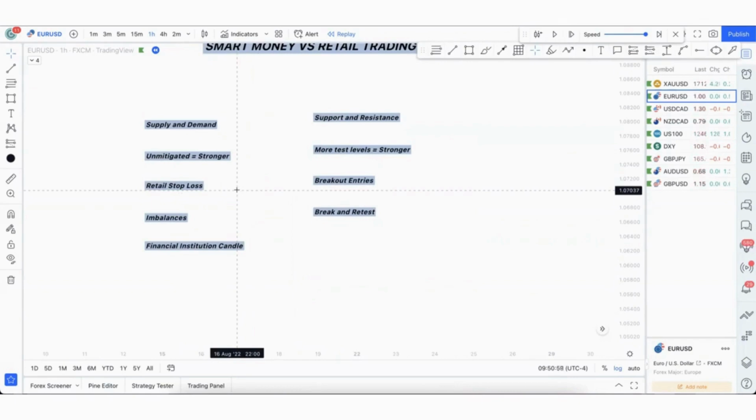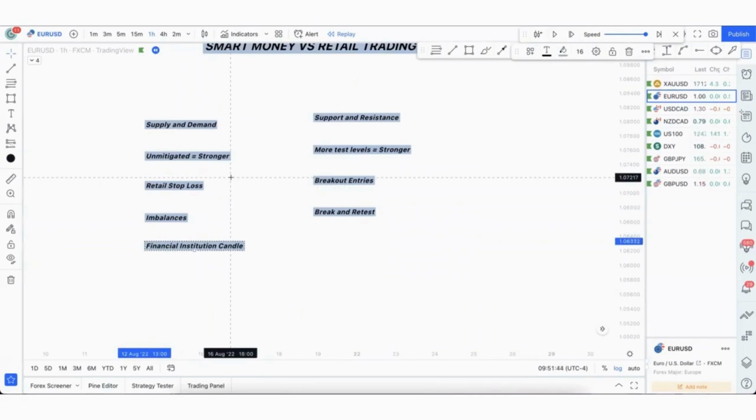We're not going to enter at a support or resistance level, because 95% of the market is consolidation, and it always creates tons of levels of support and resistance. So as smart money traders, we will wait for the price to break above or below that supply or support and resistance level.